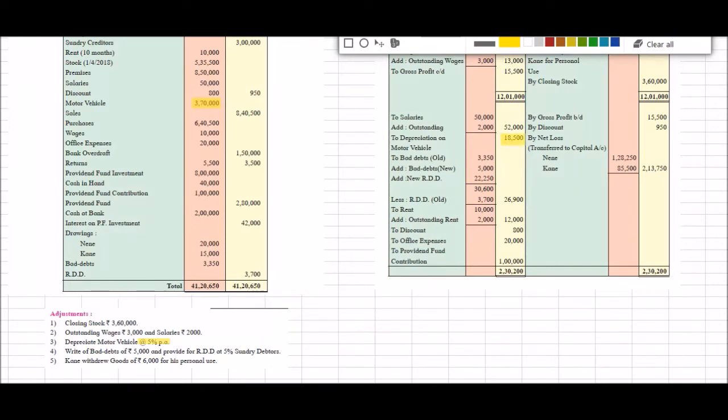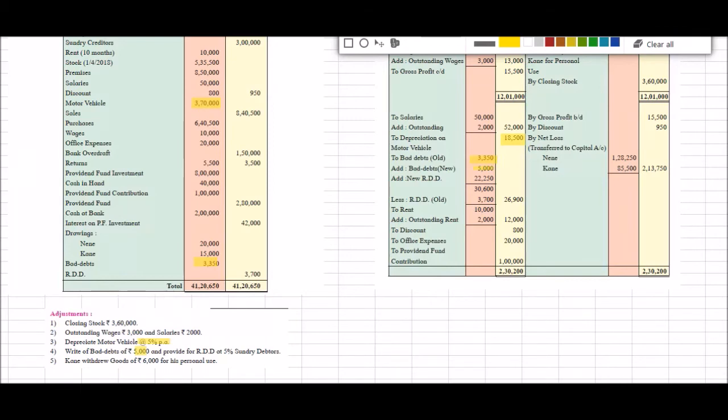Next amount is bad debts. Bad debts amount is 3,350 rupees, and we need to add new bad debts of 5,000 rupees, and add new RDD.